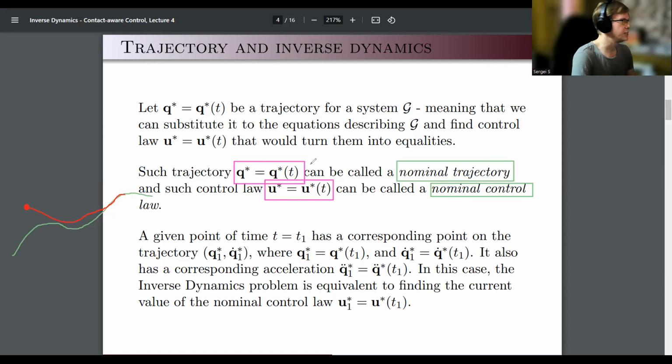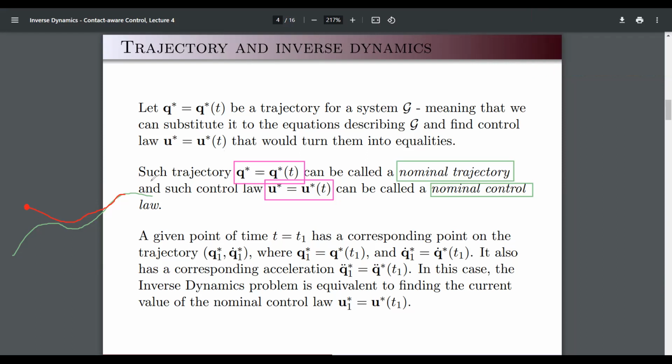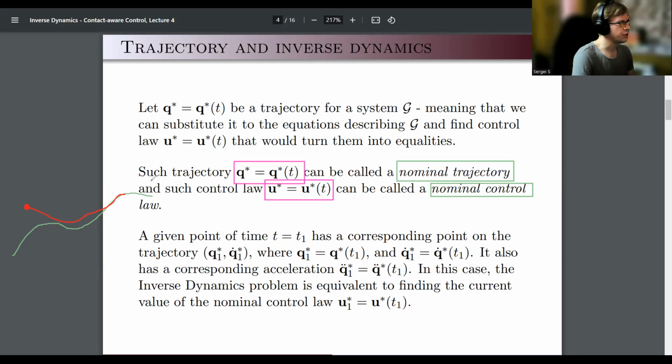So that's the idea. Nominal trajectory is just a very convenient way to refer to this one trajectory that we used, for example, in inverse dynamics, right? Well, you could have also actual trajectories and other types of trajectories. Okay, good.